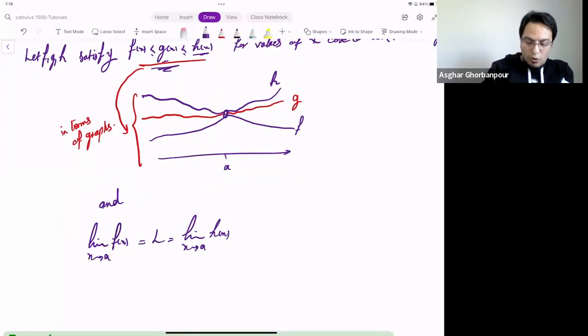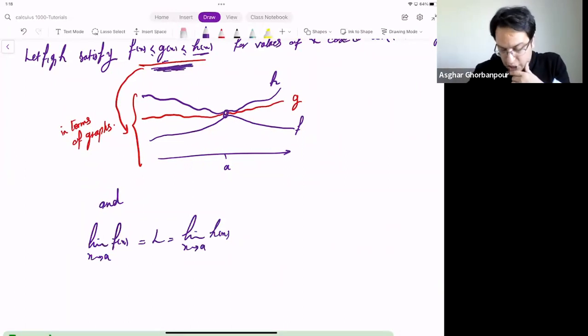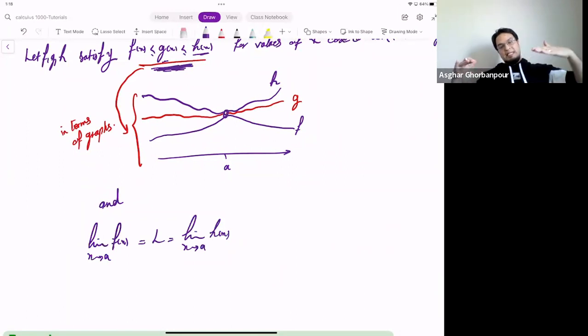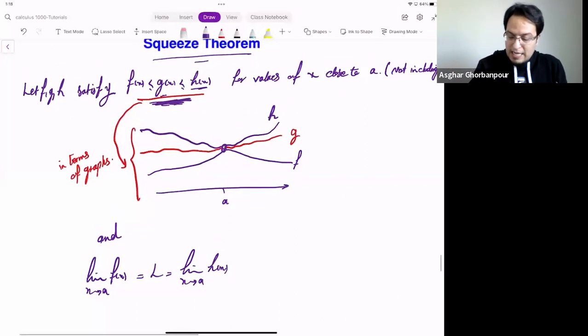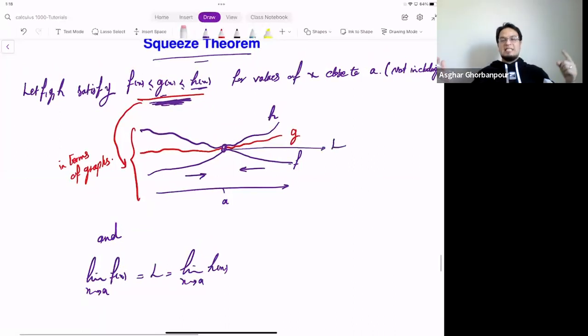So this inequality is true, and the upper function and lower function have the same limit. What does it mean? It means that when we get closer to a, the values of these functions will get closer to the same number.